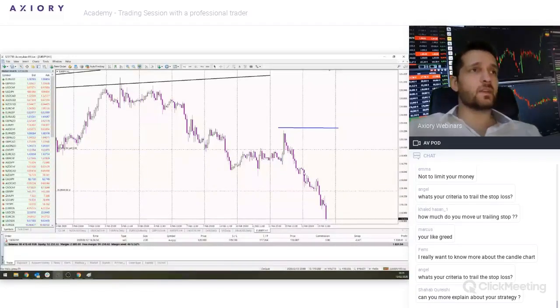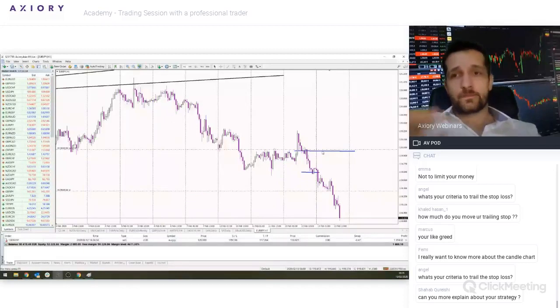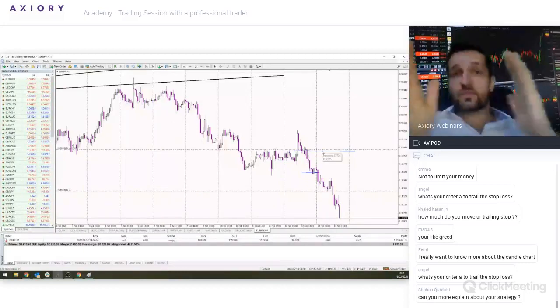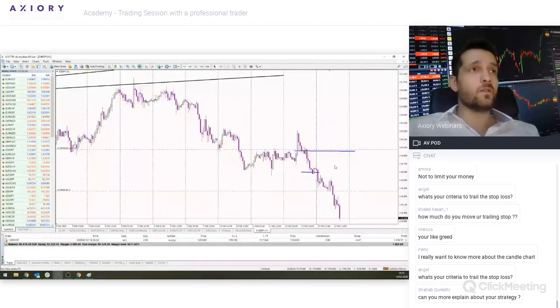So when the price was here, I moved my stop loss to break-even. What you do with this is remove the risk from this investment. You can no longer lose money on it, because if the price reverses, your stop profit will be triggered and you will earn like 1 euro or something.